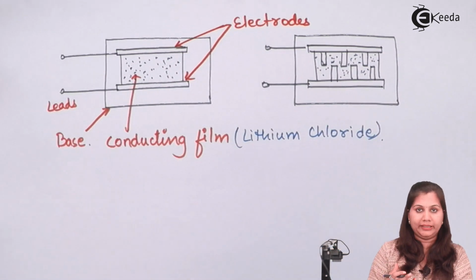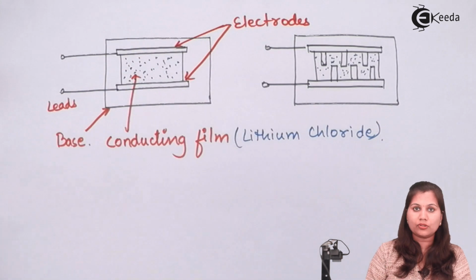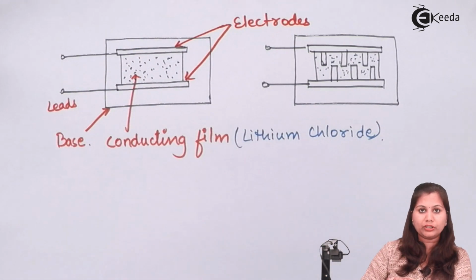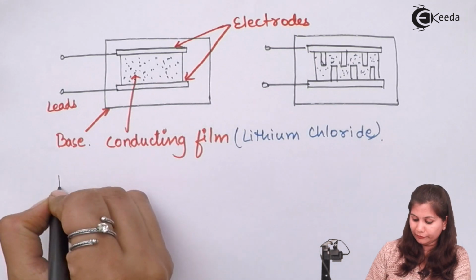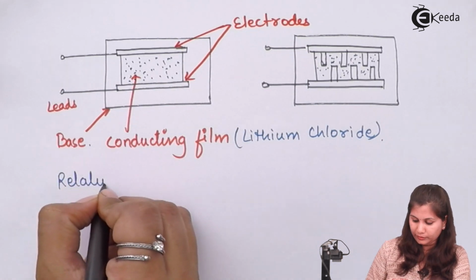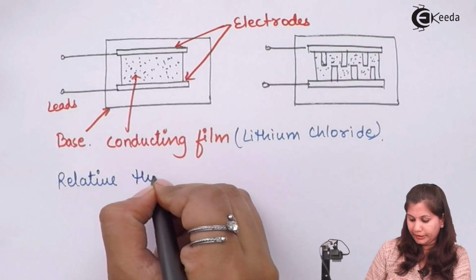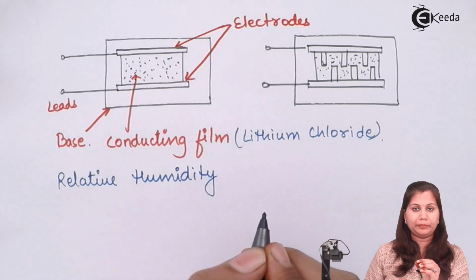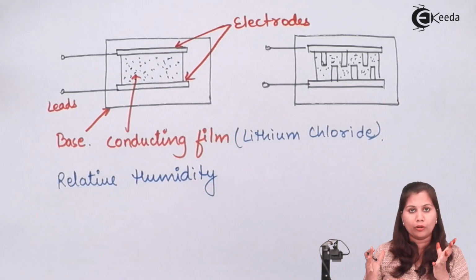So as the humidity is changing, the resistance of the material is also changing. If we take the case of lithium chloride, if the relative humidity is more, it means that the content of water vapor present in the air is more.